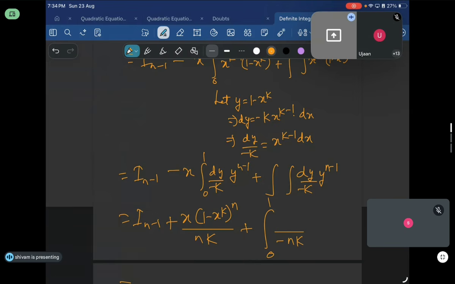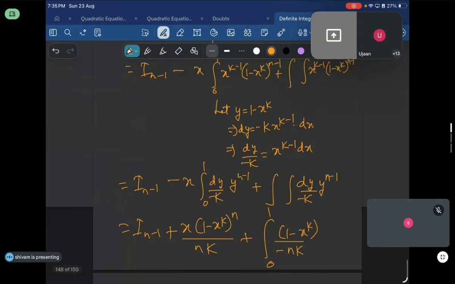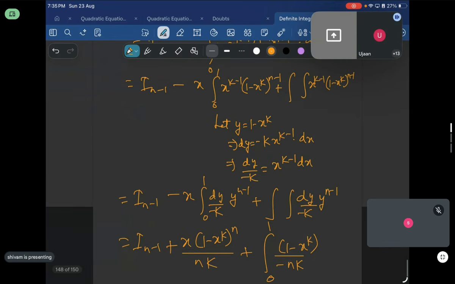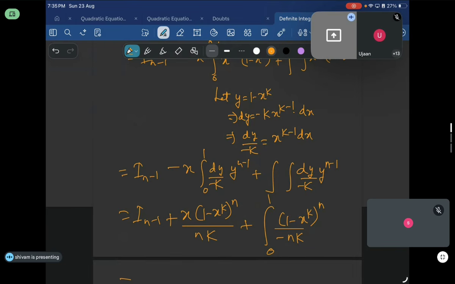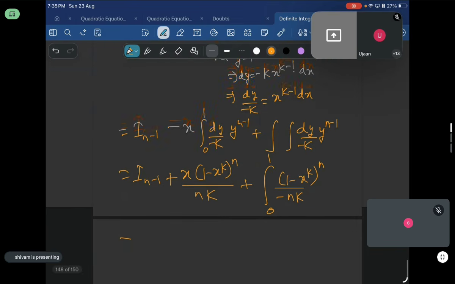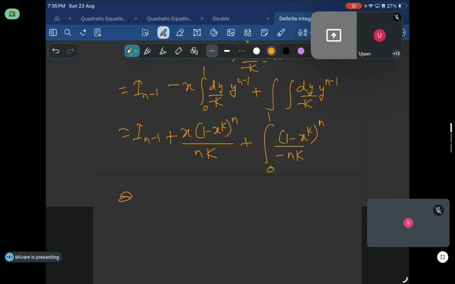Y to the power n will become (1 minus x to the power k) whole to the power n divided by minus nk. Tell me, are you people getting it?